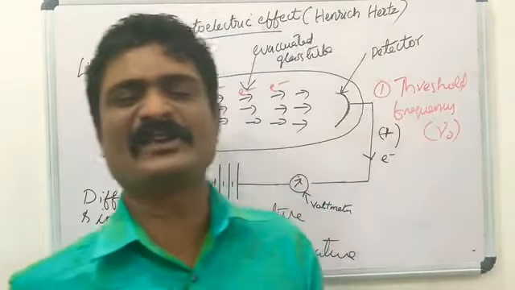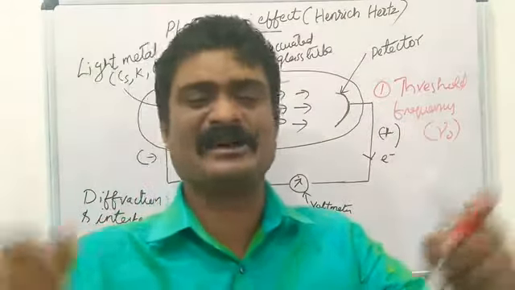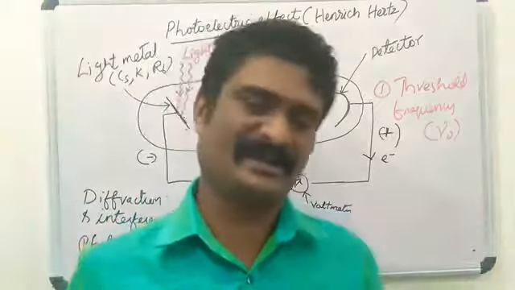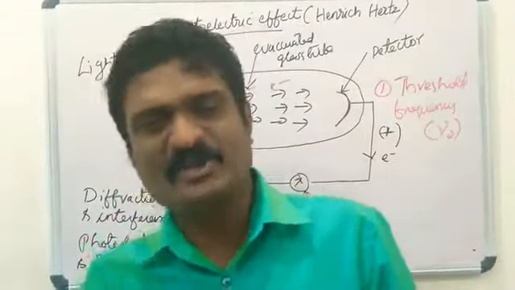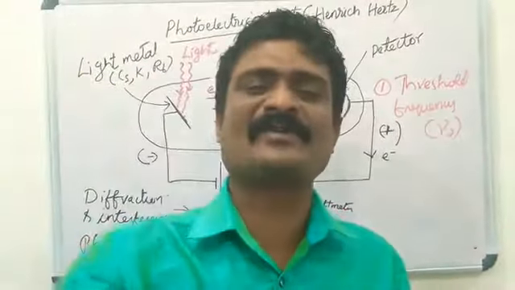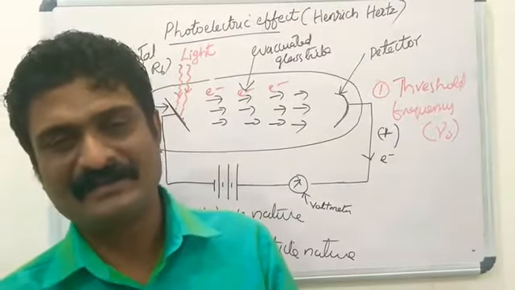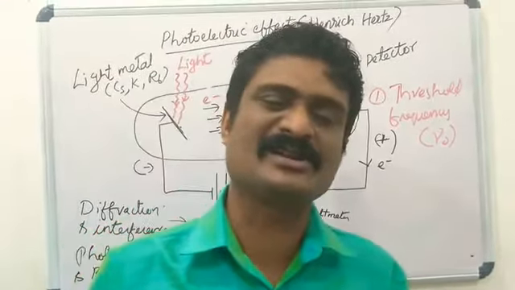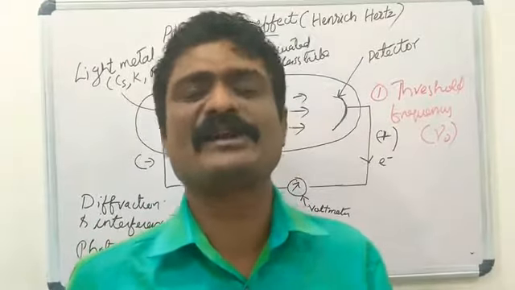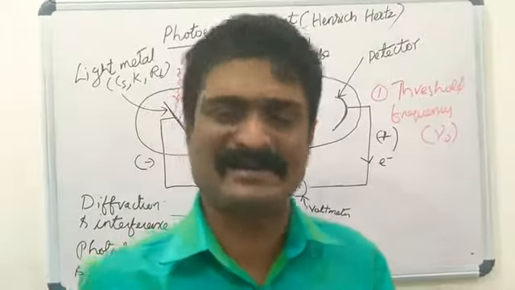What is meant by threshold frequency? Threshold frequency is the minimum frequency of light required to eject electrons from the metallic surface. The value of threshold frequency is different for different metals.